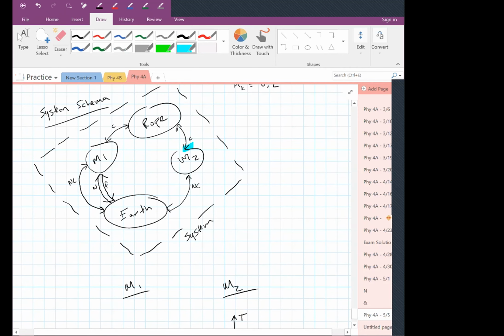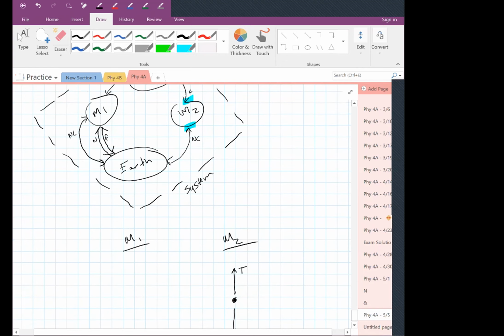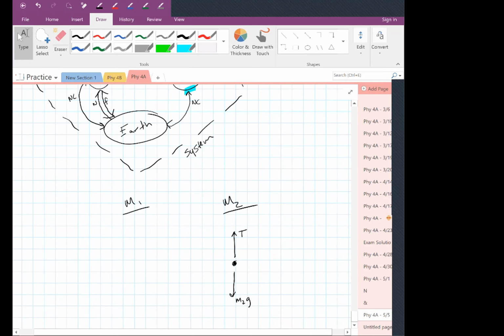I see two forces acting on M2. And there they are.